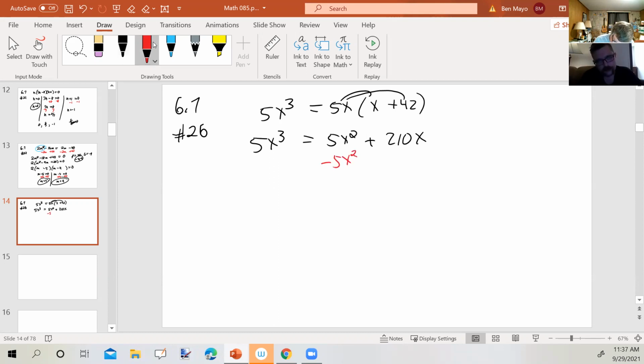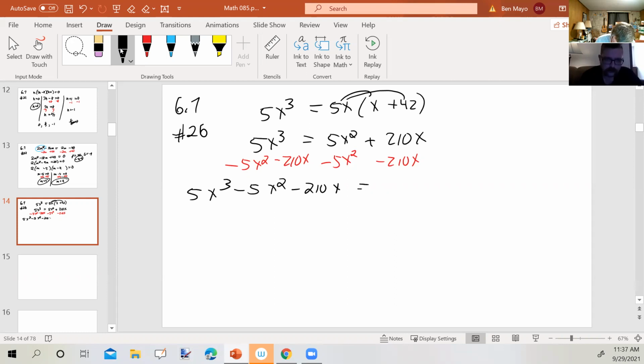So we're going to subtract 5x squared and 210x from both sides of the equation. On the left side, I get 5x cubed minus 5x squared minus 210x equals 0. So I now have a trinomial in standard form set equal to 0.